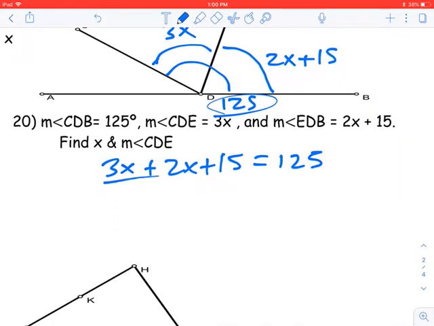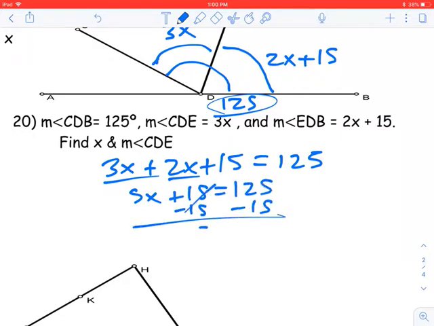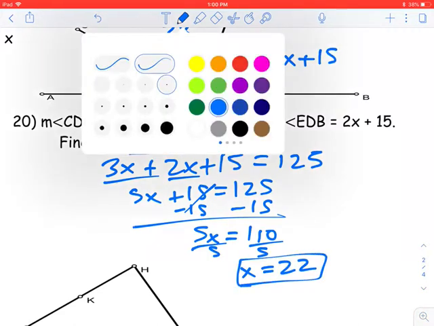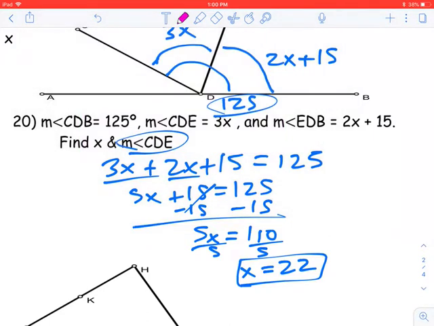And so now we go ahead and do the same thing. So solve. I've got to subtract 15 from both sides. I get 5x equals 110. And divide by 5, I get x equals 22. But again, that's not the whole thing. I want to go ahead and plug it into CDE, which was 3x, so 3 times 22.